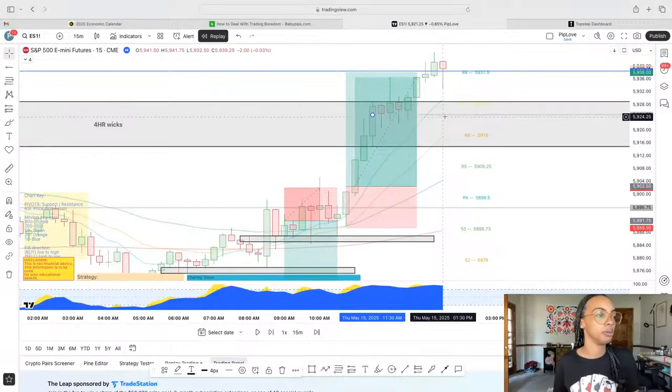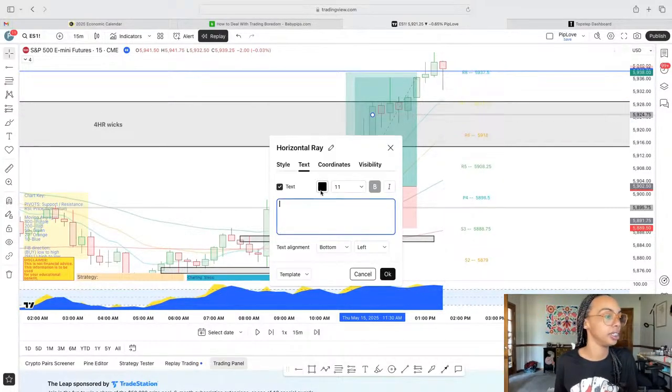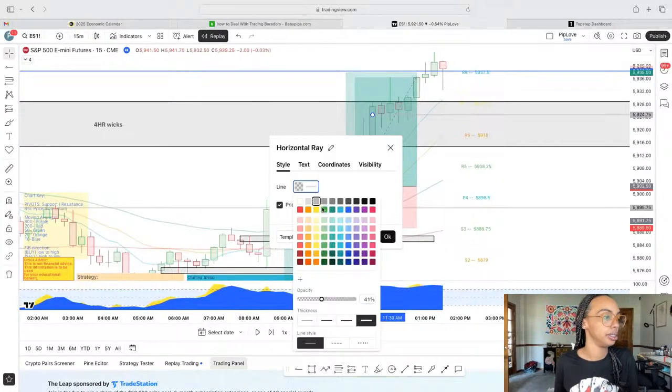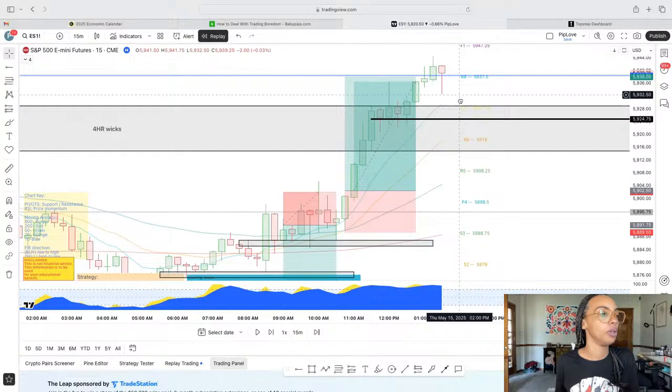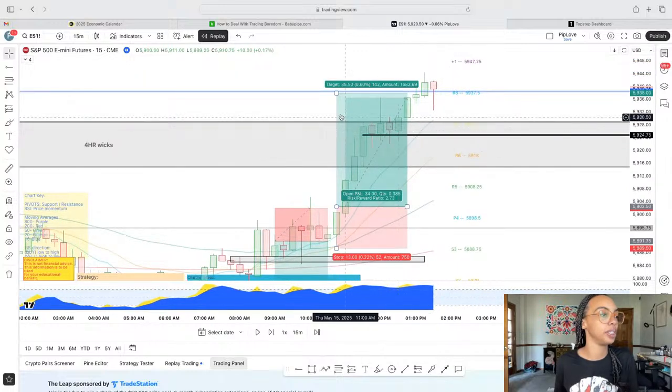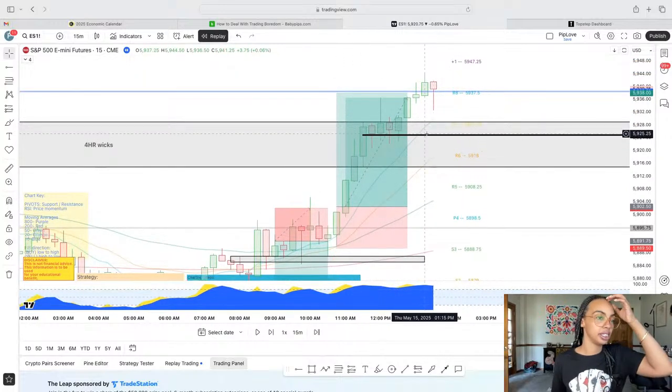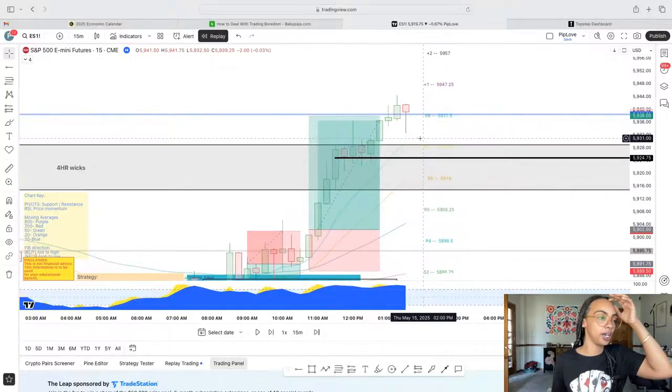Gray on gray is crazy. Let's see, it's like a black line. We would need price to break below this level here to confirm.